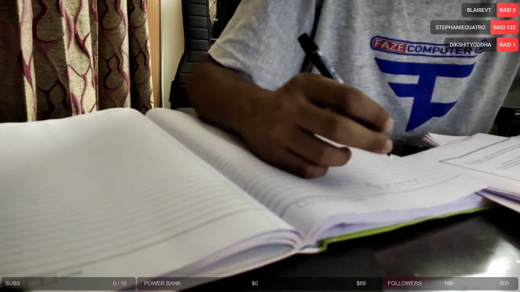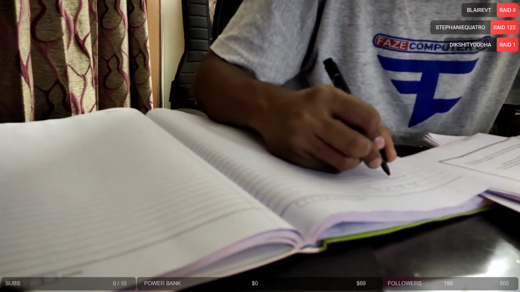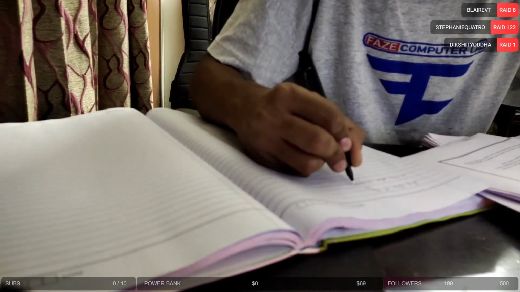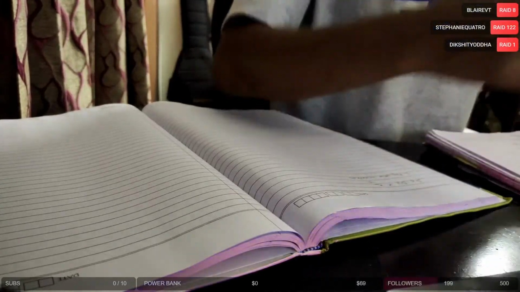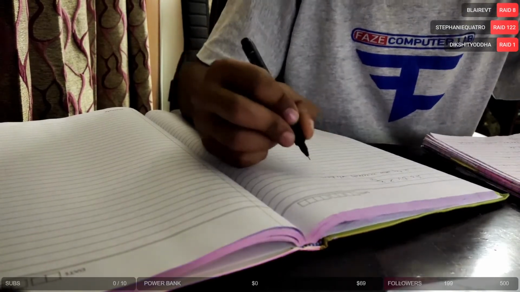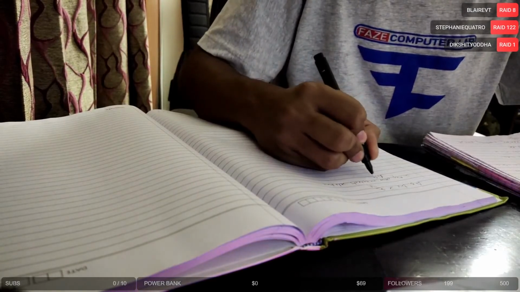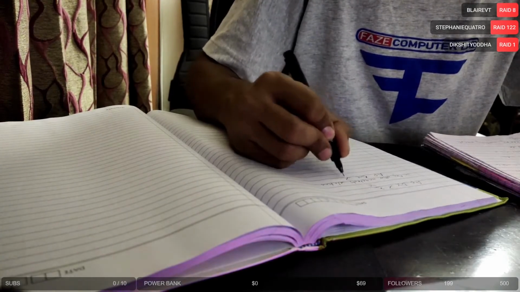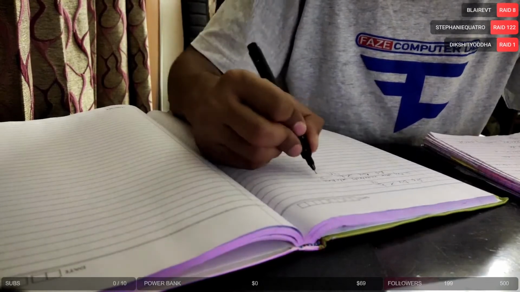In any other uncertainty relations, we get delta p dot delta x greater than or equal to h by 4 pi. This is uncertainty in momentum.